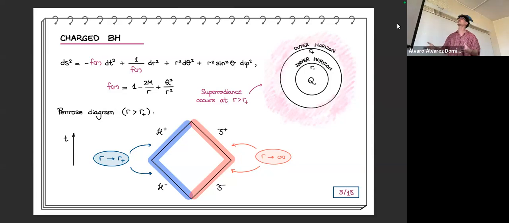For the Penrose diagram, of course, the red part, which is the right part, represents asymptotically far away from the horizon, and that means that we recover asymptotically Minkowski spacetime, flat spacetime. So these are for large r's, and for r's going to the event horizon, this is just the curves that I draw in blue.